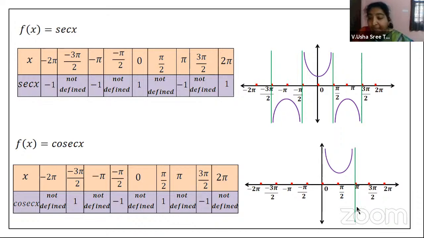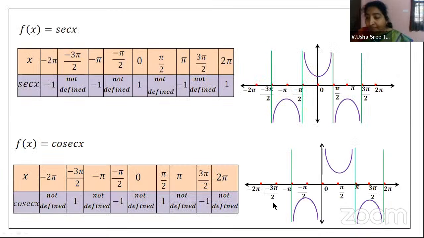And at the same time, at 180 degrees also, right? So just observe the pattern, children. Here again, after every 2 pi radians, the same pattern is repeated. Therefore, period of this function is also 2 pi.